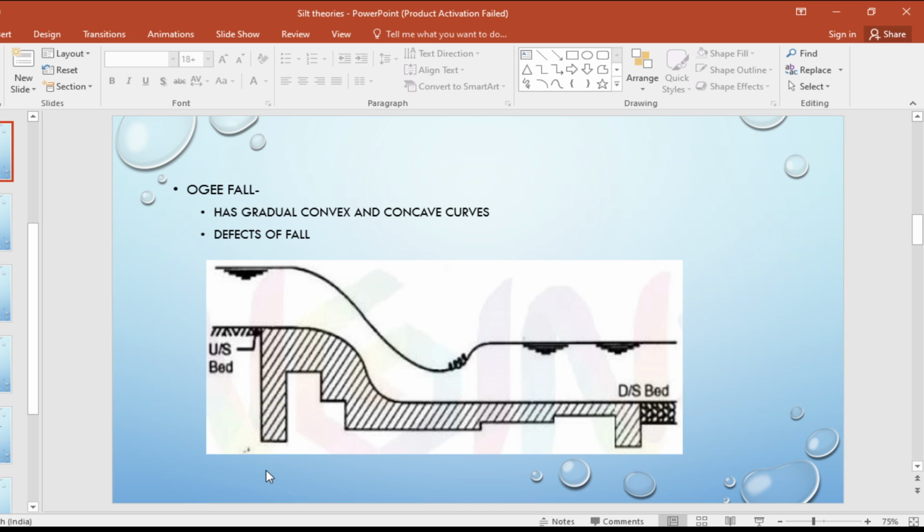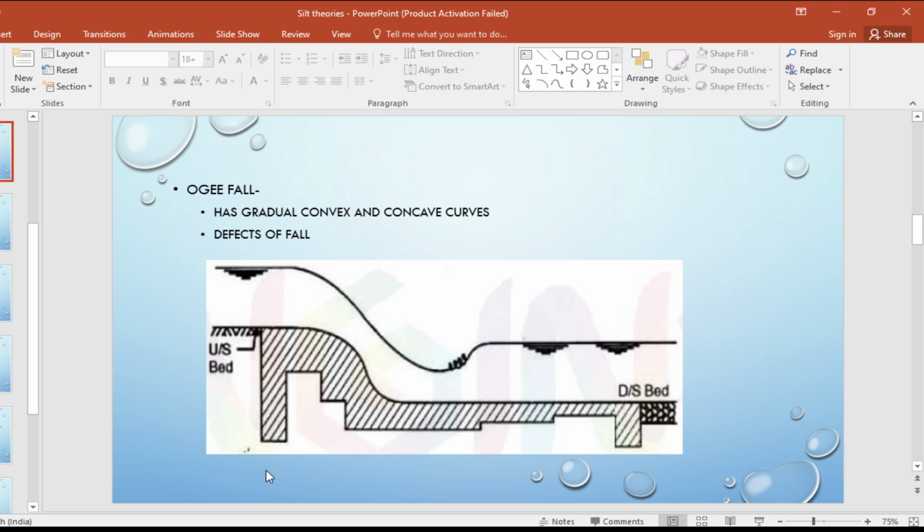Class 2 is falls designed to maintain a fixed supply level in the channel above the work. Third is falls designed to admit variations of the surface level above the work at the will of the operator. And fourth is miscellaneous types.